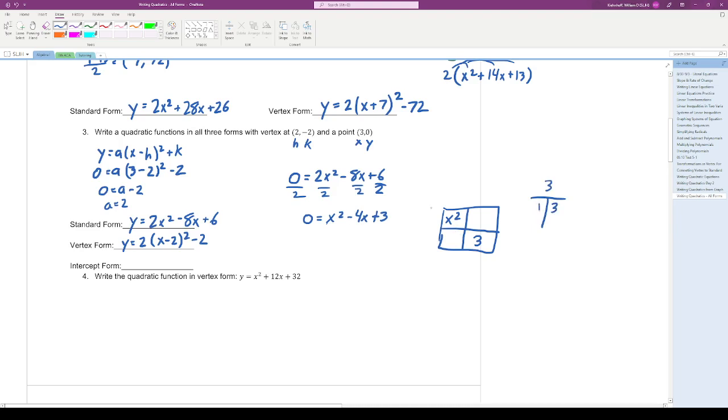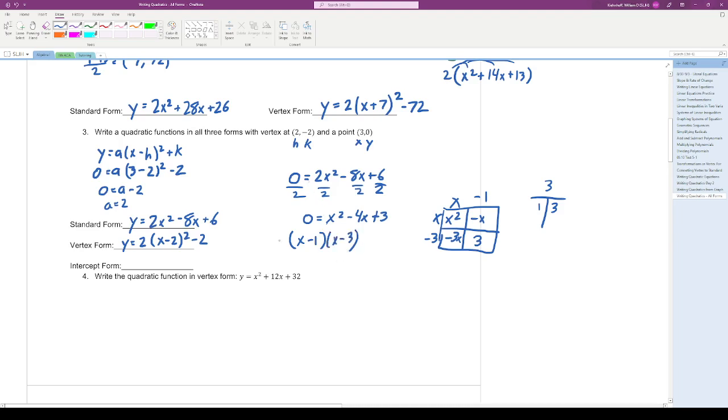And since it's a -4, I need minus x and minus 3x. So I look for my GCFs. I can take out x here, I can take out x here. Then this is a -1, and this is a -3. So my factored form is x minus 1 times x minus 3.